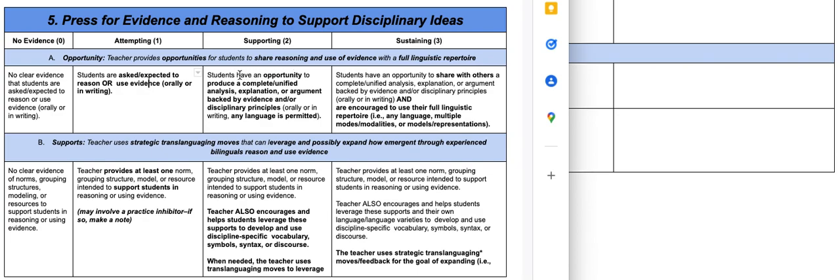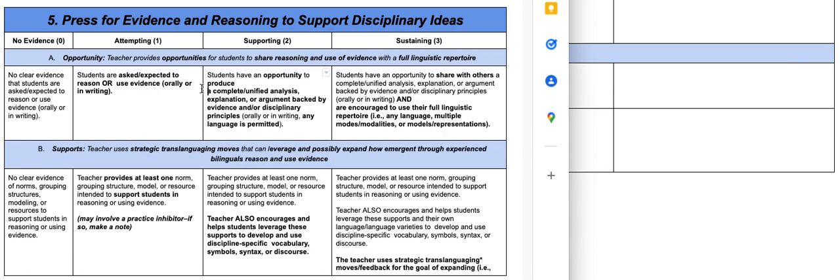Students have an opportunity to produce a complete, unified, I'm just going to say explanation instead of all of these words, but I'm thinking all these words, that is backed by evidence.